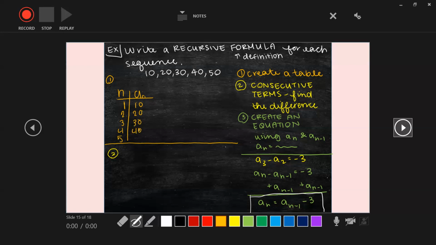A sub 4 is 40. A sub 5 is 50. And you can just identify the initial condition, so your a sub 1.